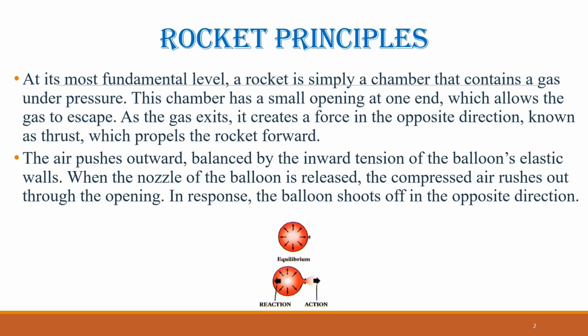The modern science of rocketry owes much to the groundbreaking work of the great English scientist Sir Isaac Newton. In 1687, Newton published a book titled Philosophiae Naturalis Principia Mathematica, which laid out the fundamental physical principles governing the natural world.